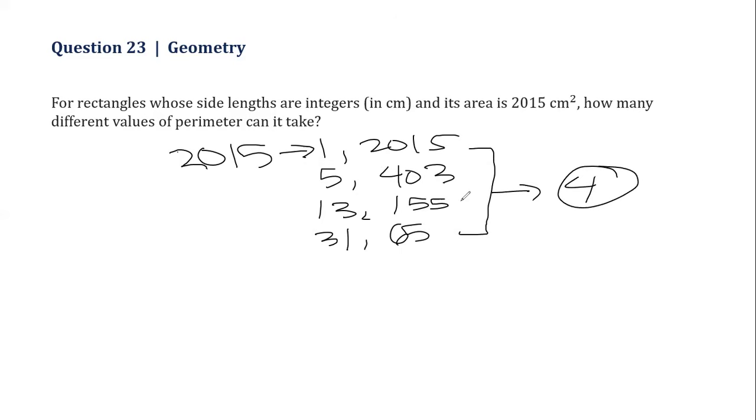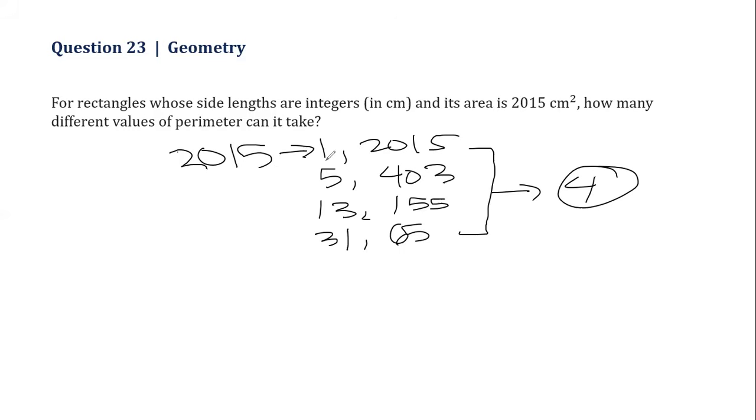I want to ask how we can find how many different values of perimeter it can take? Its area is 2015, so where can we find 4 different values? You're going to consider different side lengths that will have an area of 2015.